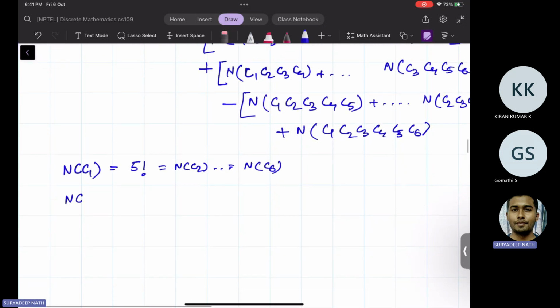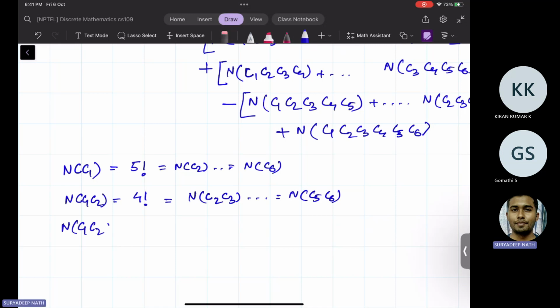Similarly, if we choose C1, C2, it means we are fixing two, and the others can vary. So we have 4 factorial. And this is also the same for the other pairs, C2, C3, and so on, let's say C5, C6. They are all equal. Again for C1, C2, C3, three people, we are left with three other people, so 3 factorial.